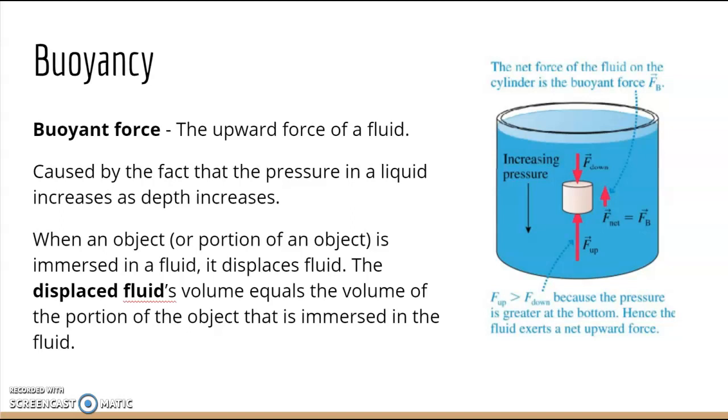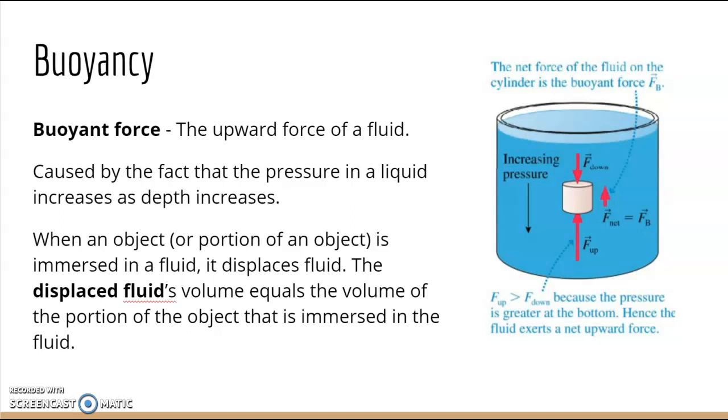So something else I want to bring up here. When an object is submerged or immersed in a fluid, it displaces that fluid. And the amount of fluid that's displaced is equal to the volume of the object, or the portion of that object that's submerged or immersed in the fluid.